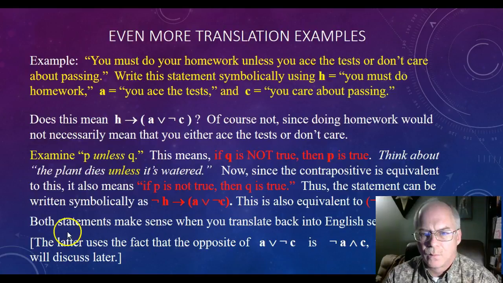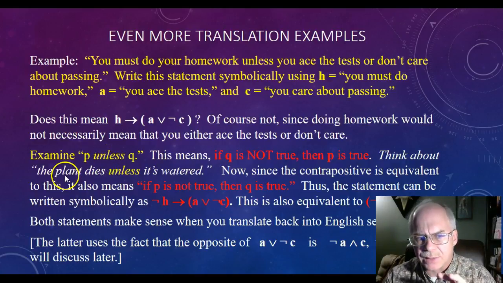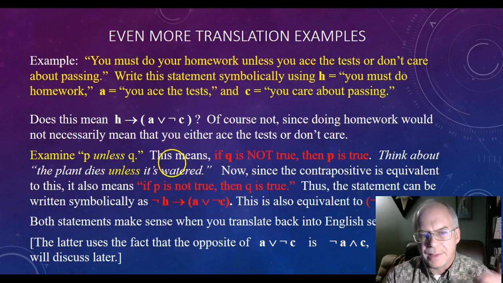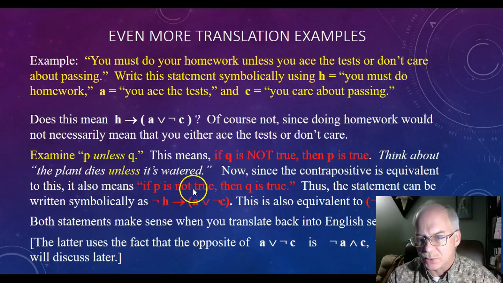I think this unless situation will make sense if you consider the statement, the plant dies unless it's watered. Now, obviously, that means if it's not watered, then it will die. So if not Q, then P. Now, since the contrapositive is equivalent to this, it also means if P is not true, then Q is true.